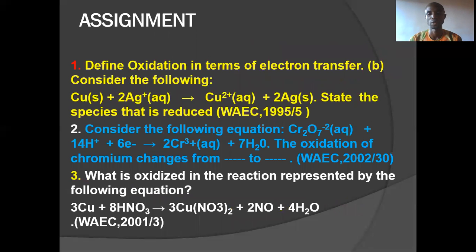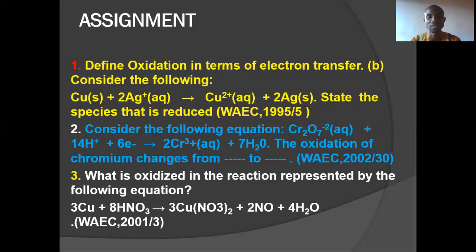Take this question as your assignment. You have to define oxidation number in terms of electron transfer. It's WAEC question 1995, number 5. Then the question: copper reacting with a silver ion to give copper 2 ion and silver metal. The question says, which species is reduced? Look at that question very well, and find out the one that is reduced, following what I've taught you.